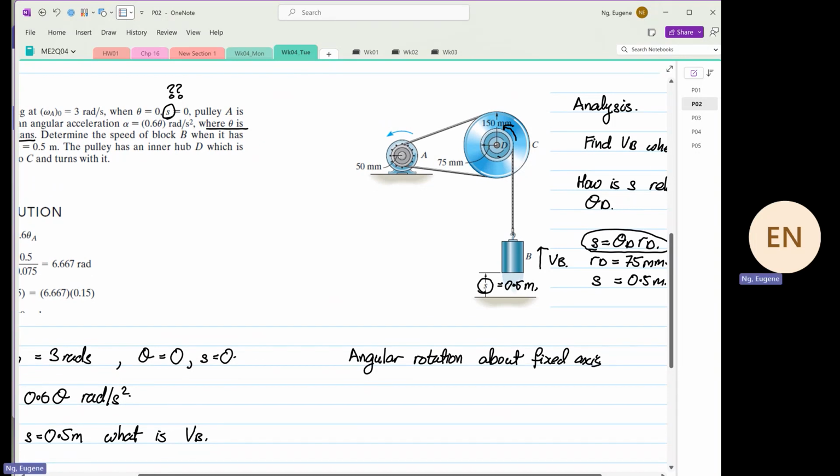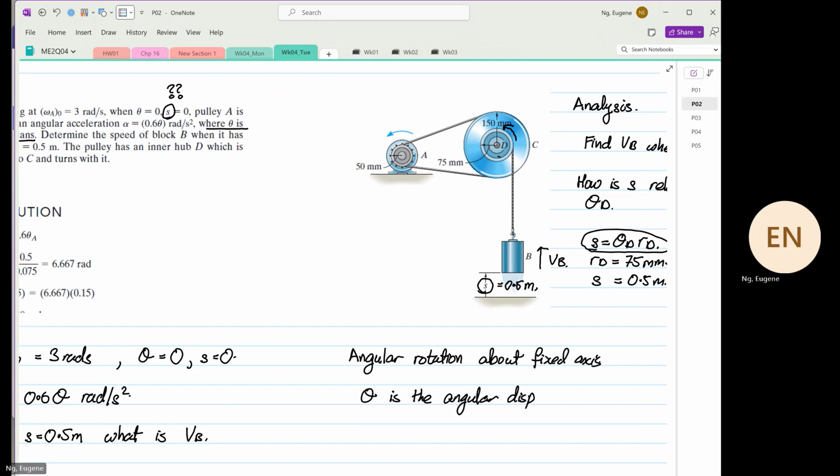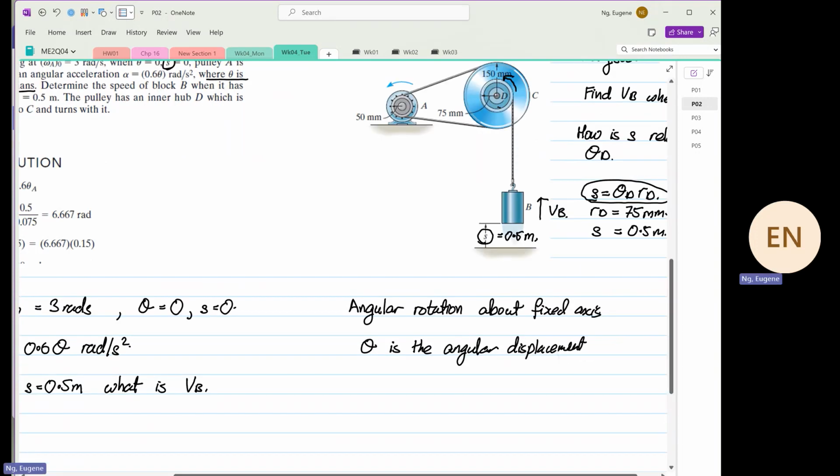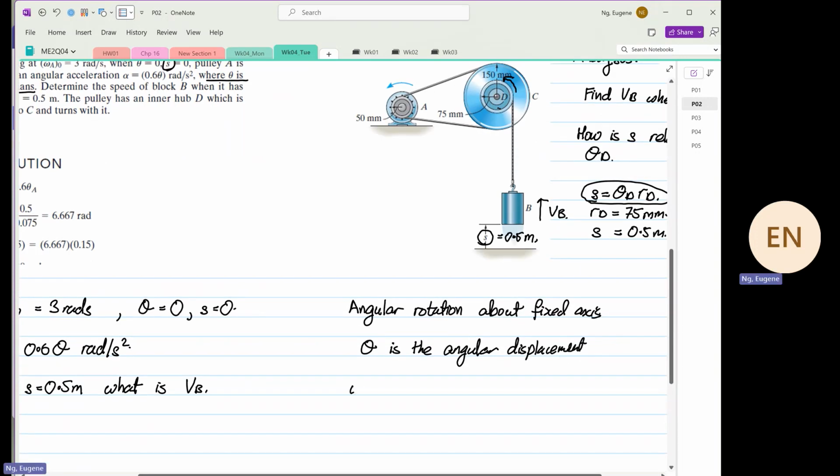We know that theta is the angular displacement. The next thing we know that omega is equal to d theta over dt, right?